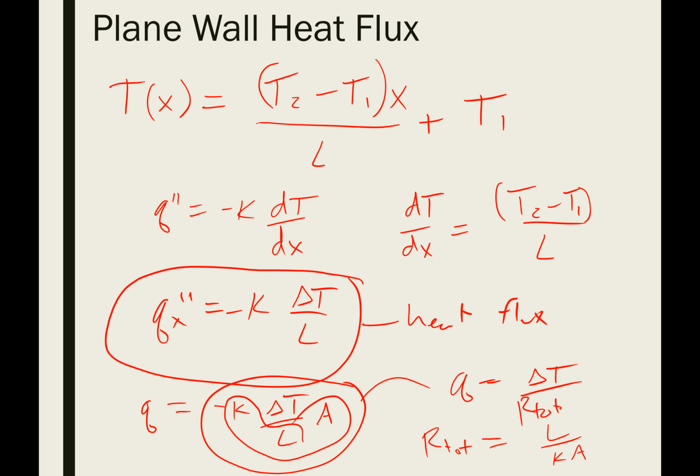If our thermal conductivity gets really high, like we're switching from wood to metal, then our conductive thermal resistance will go down drastically. Or if our wall gets bigger, we would naturally expect less thermal resistance by conduction. I do want to point out, this is not the total thermal resistance, this is the conductive thermal resistance.